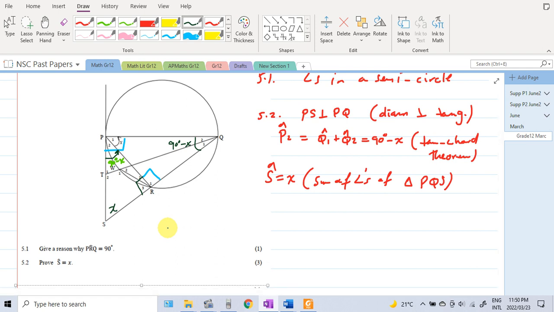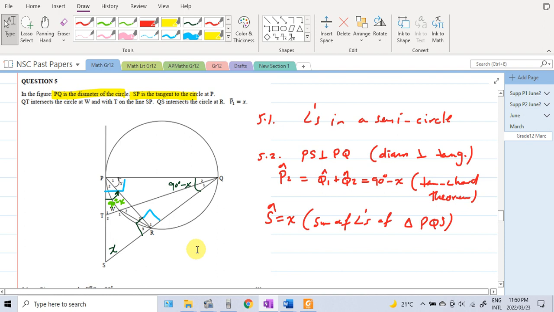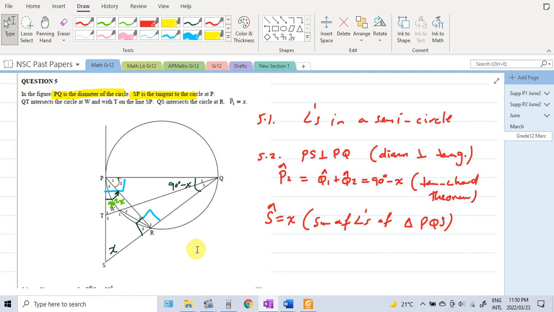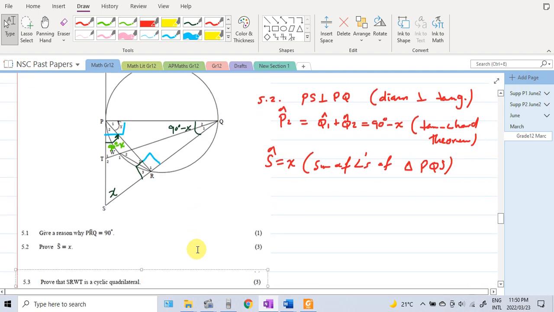So we can find an angle. Which angle can we find? That's the problem. Let's see, which angle can we find? SRWT, how are we going to find that?